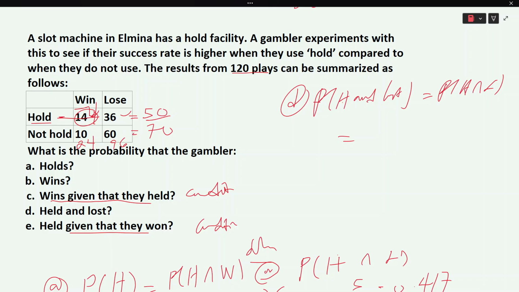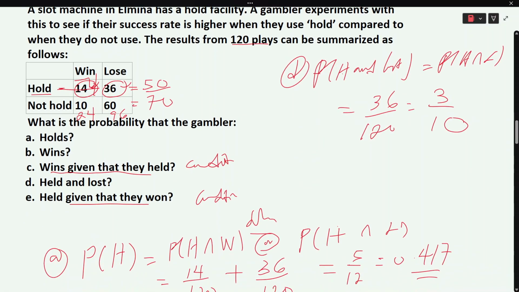If you hold and you lose, you have 36 over here. This is not a conditional probability. Divided by the total, so we're going to have 36 divided by 120, which is 3 over 10.